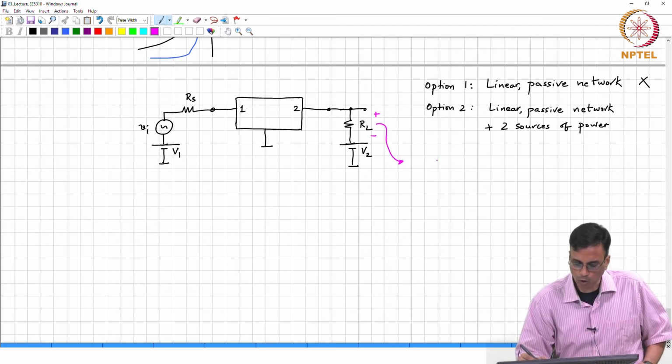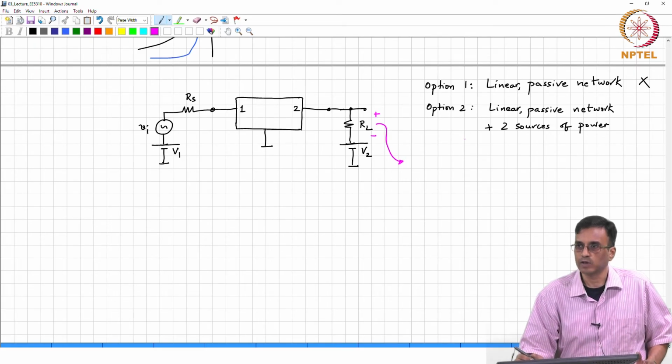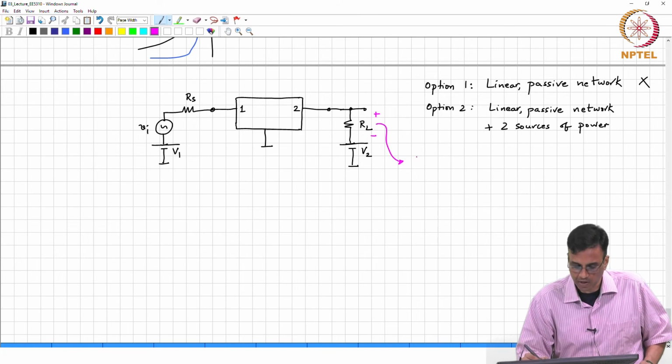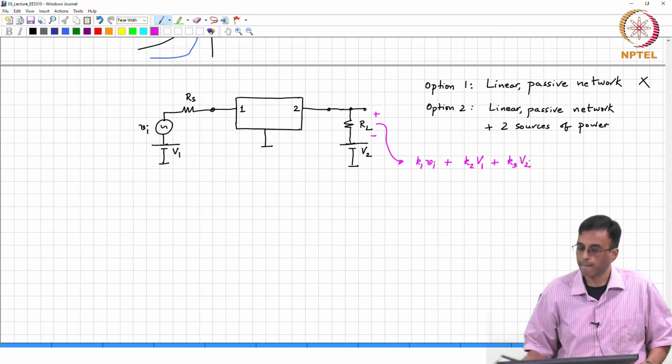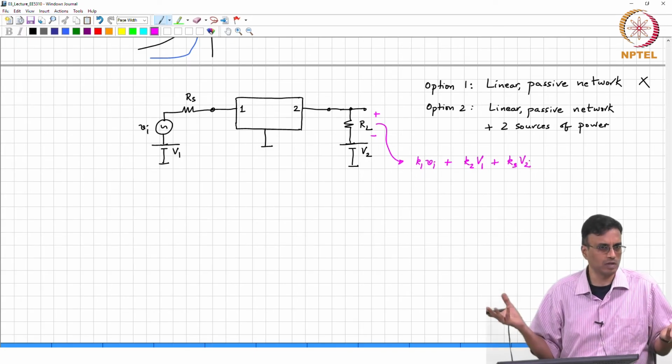It depends on what all voltages. The voltage across the load resistance can be written as a linear combination: K1 Vi plus K2 times capital V1 plus K3 times capital V2, correct, just by superposition.